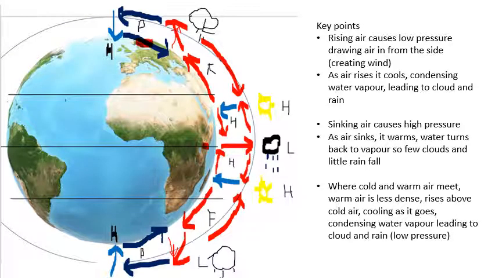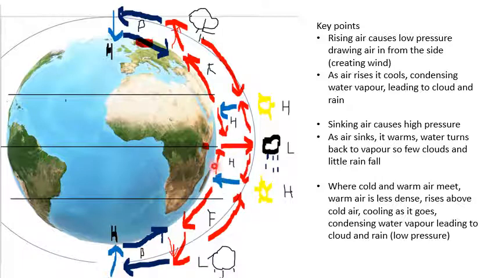So as a recap, here is the global atmospheric circulation patterns that we drew in the last video. You can see you've got the rising air at the equator forming the Hadley cells as the air sinks towards the tropics, and this can lead to low pressure systems where the air is rising, leading to clouds and rainfall that we see here, whereas we get drier and less cloud, less precipitation in the areas of high pressure where the air is sinking.